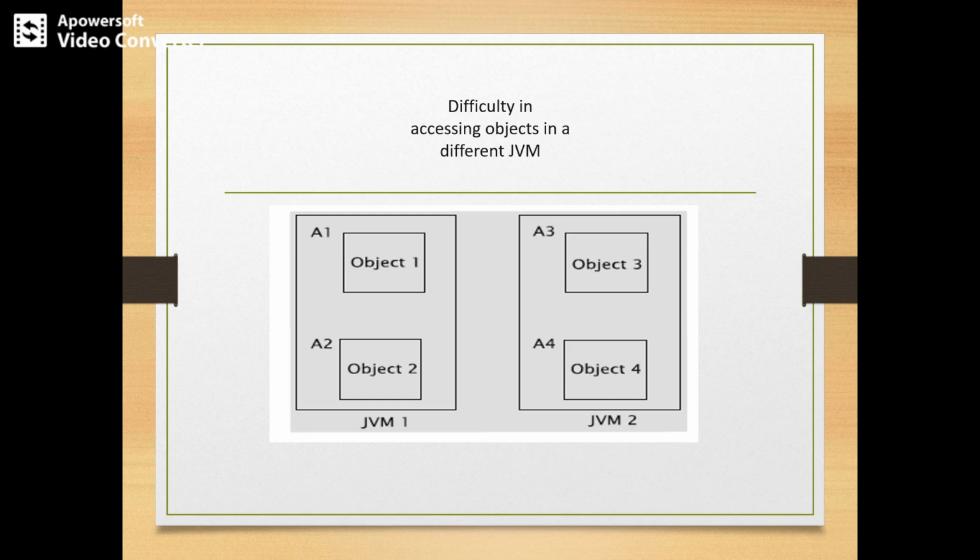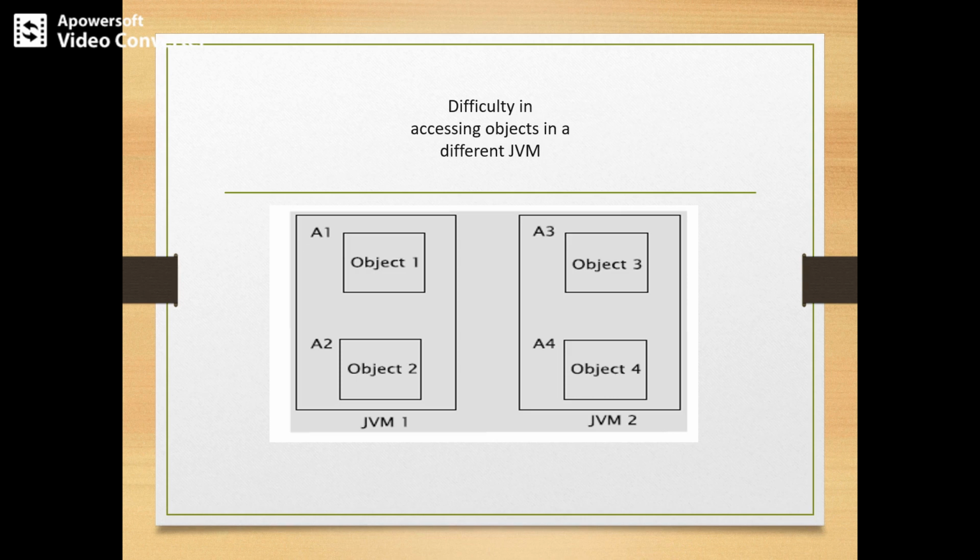First of all, we would like to see that there are two Java virtual machines, in which four objects are going to execute. How is a virtual machine going to access the respective address which is allocated to an object? We will discuss it in detail here.